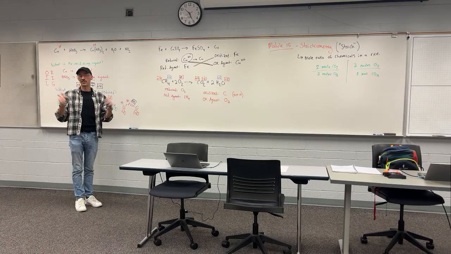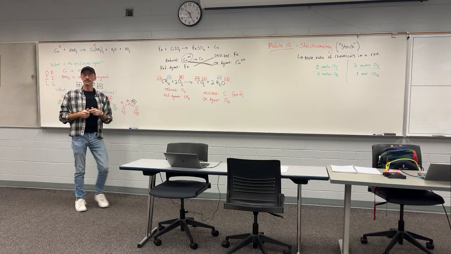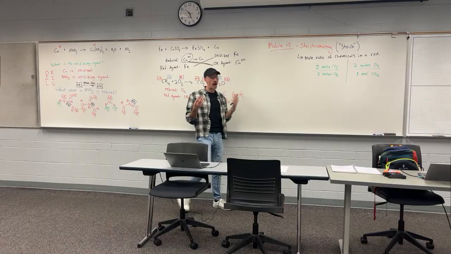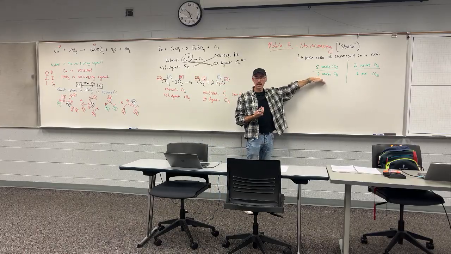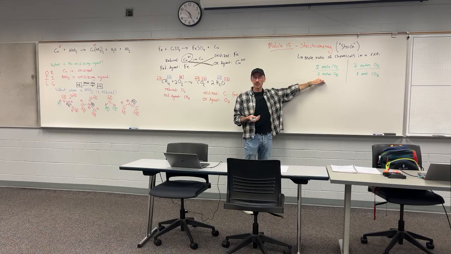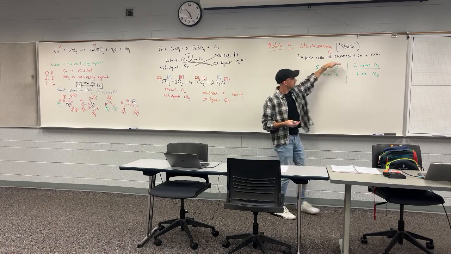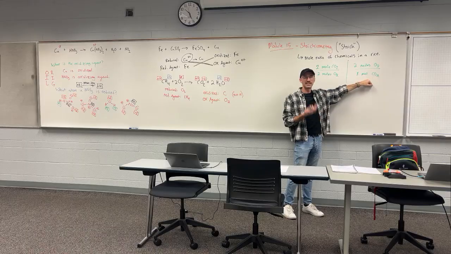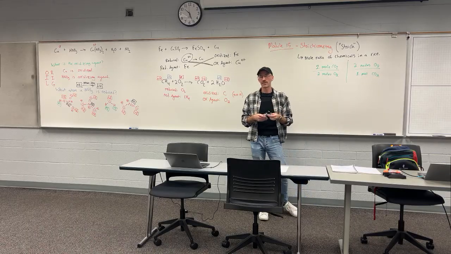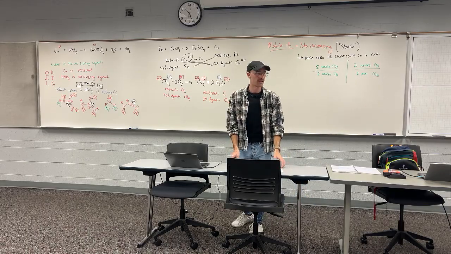You can cancel out the units that you want to. If you have information about oxygen, then you want to cancel moles of oxygen and you put it on the bottom. If you have information about carbon dioxide, then you want to put carbon dioxide on the bottom so that it can cancel out. This is exactly the same thing we've been looking at with dimensional analysis all semester long.